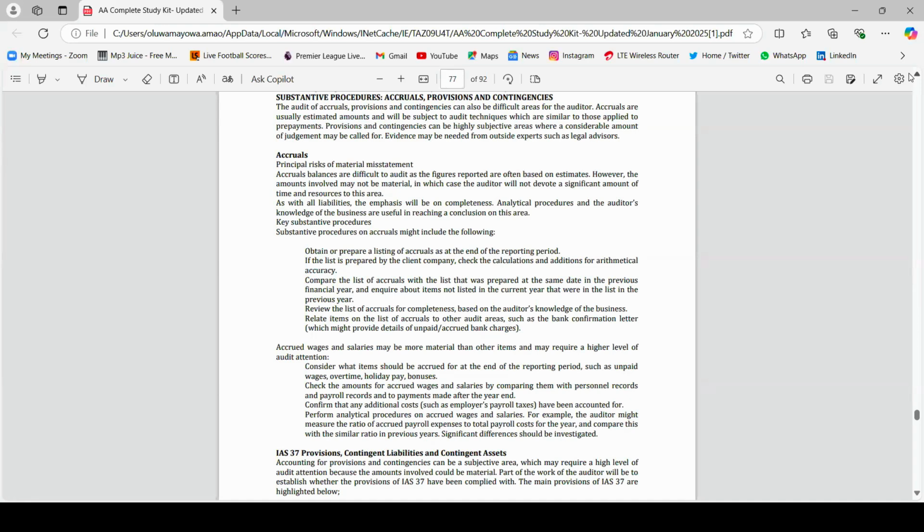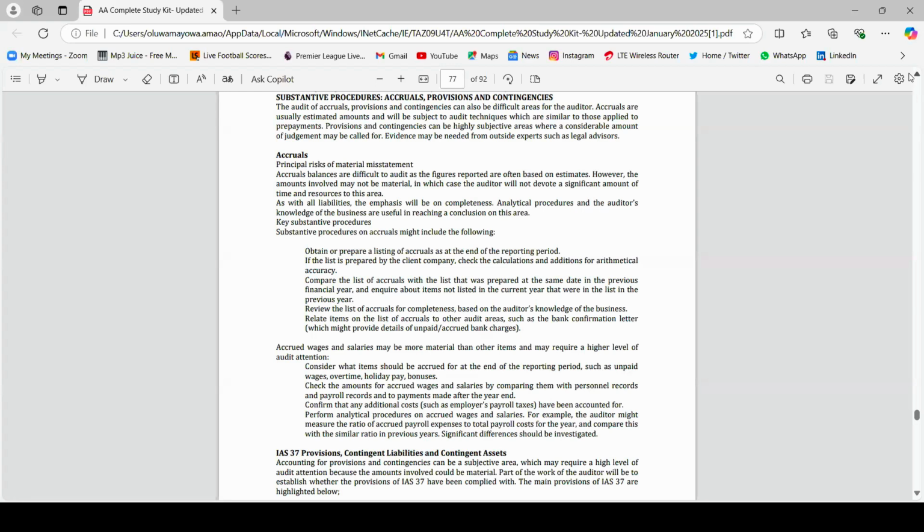It could also be you have a warranty service, that if you buy our product and you come back in the next 6 months for any issues, we will refund. You don't know how many of your customers will come back to claim that warranty. So in your books, you will make provision for it.